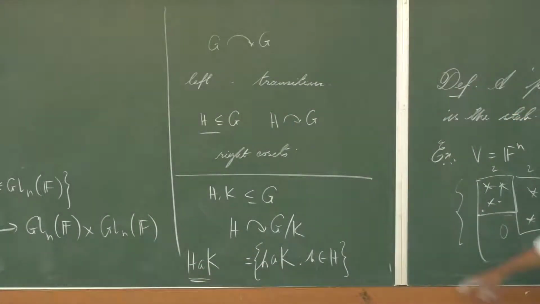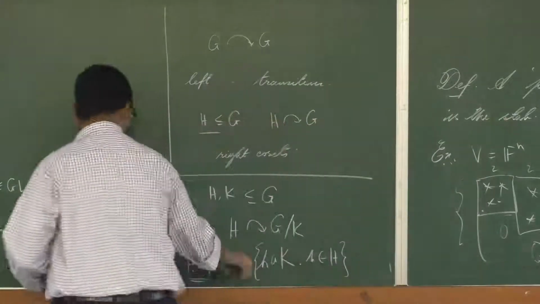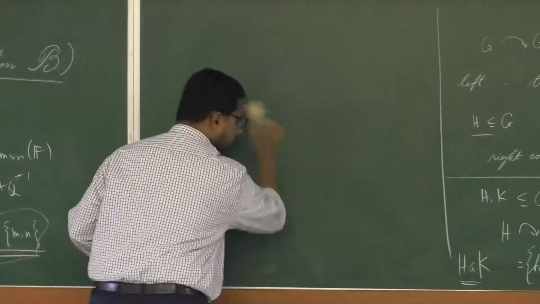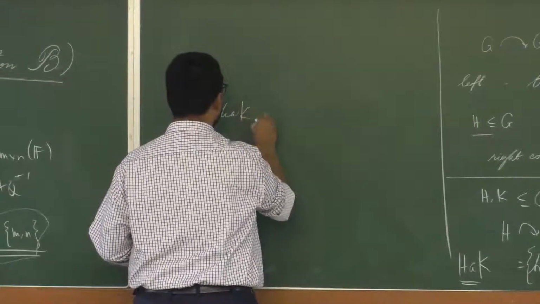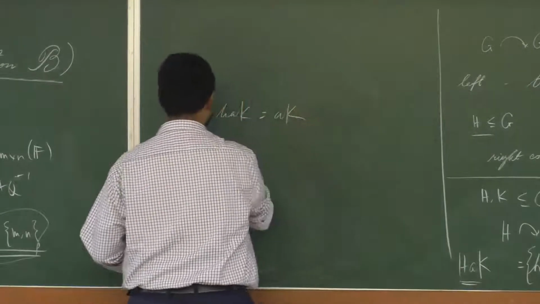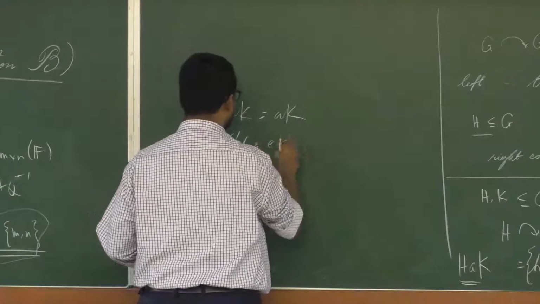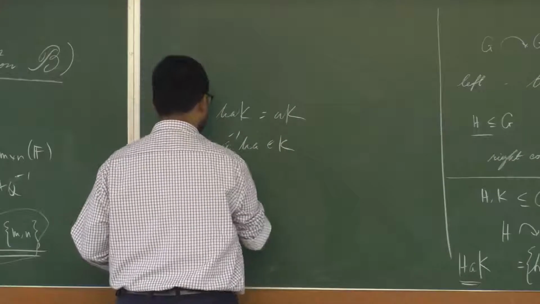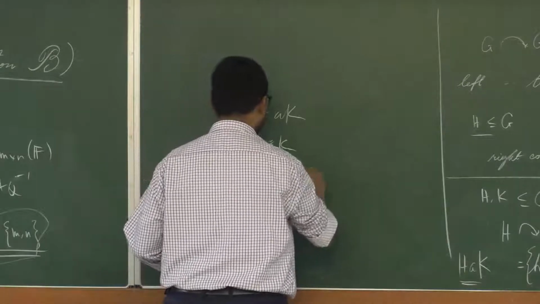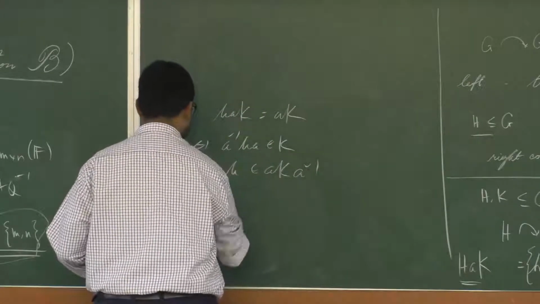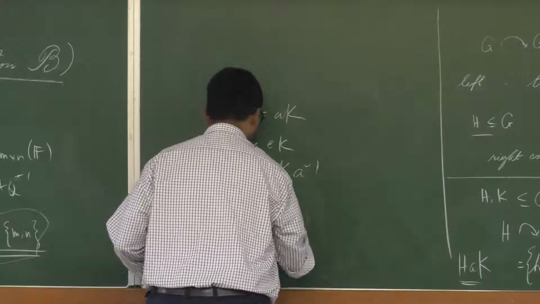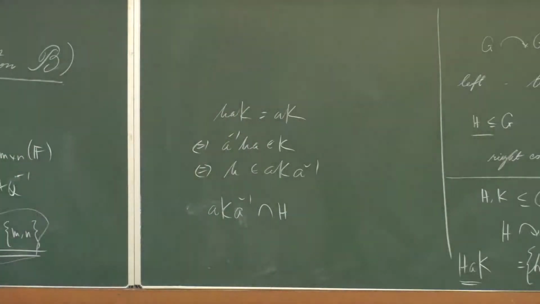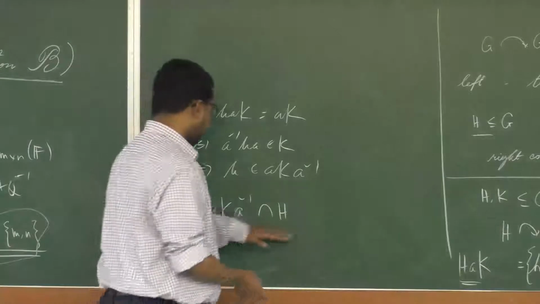So in this action, the orbits are the double cosets. And what about the stabilizers? The stabilizer is simply h aK = aK, that implies a inverse h a belongs to K, or equivalently h belongs to aKa inverse. Thus the stabilizer is in fact aKa inverse intersection H.